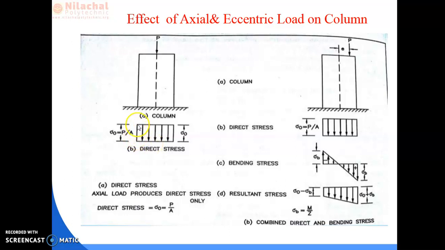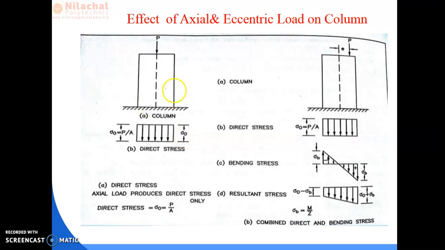Hence, we have a rectangular distribution where the arrow marks suggest that the cross section is subjected to direct stress whose magnitude is constant at each point of the cross section, where A is the area of cross section of the column. Now, the direct stress is equal to sigma O.